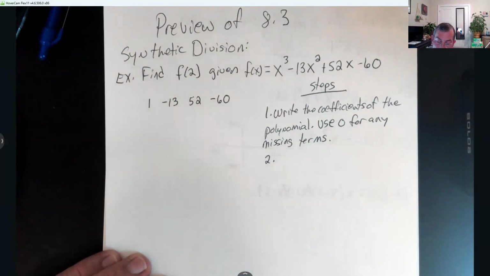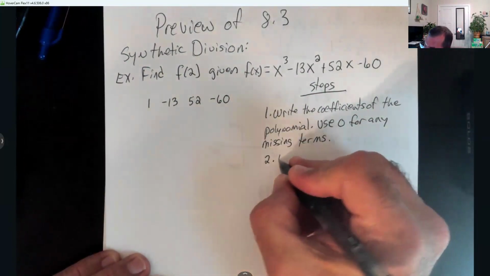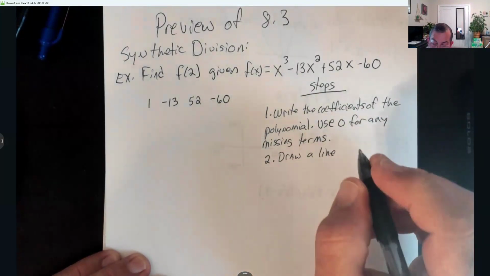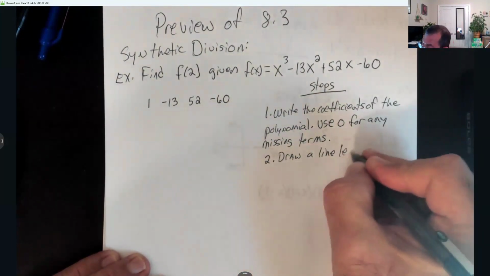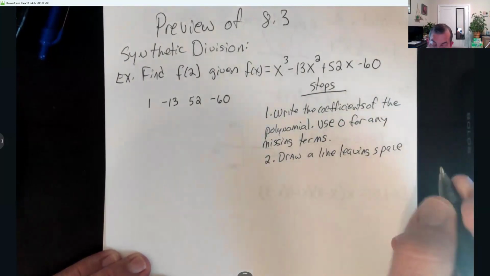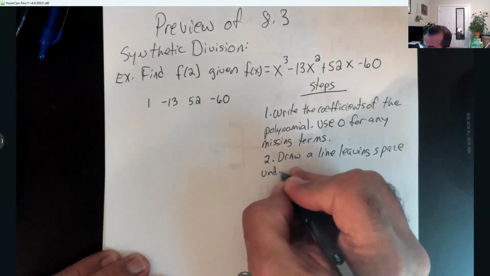Now, I'm going to draw a line under this, leaving space under the coefficients.